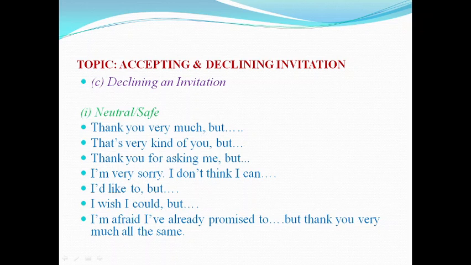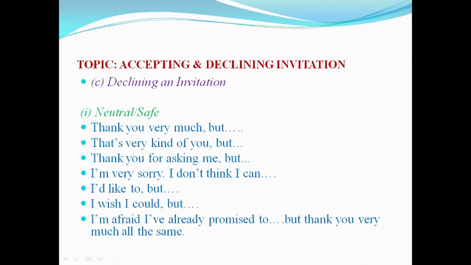So my dear friends, these are the different ways of declining an invitation. There are different tactful ways of declining invitations, but you should not decline directly. Before that, you should express thanks to the person who is inviting you.